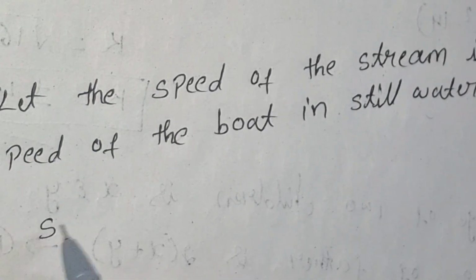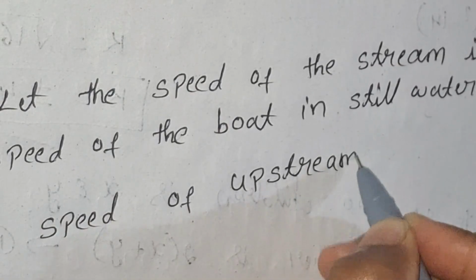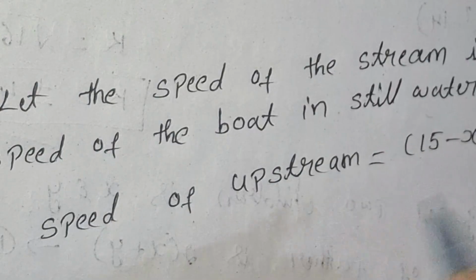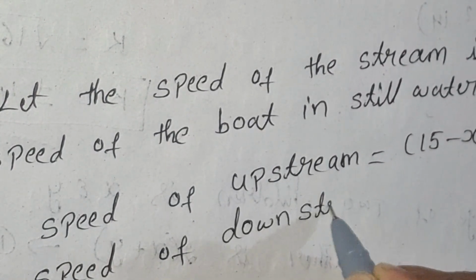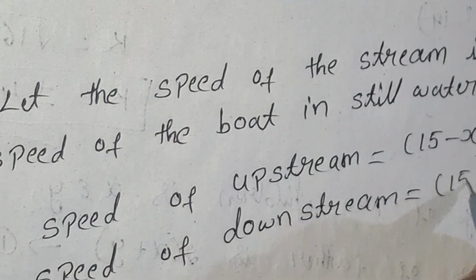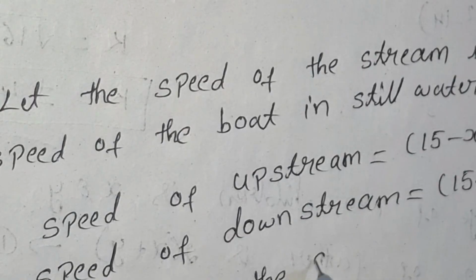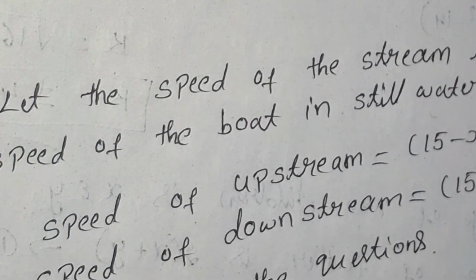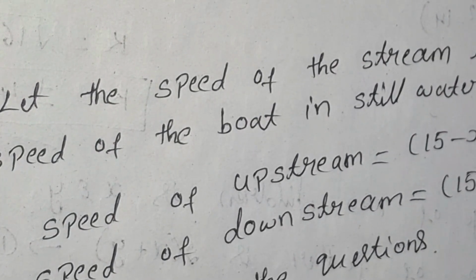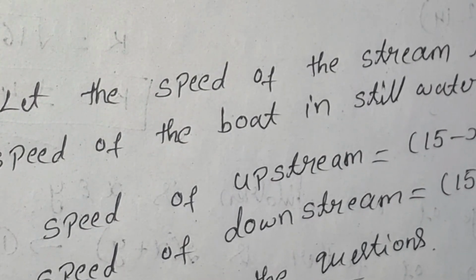Then the speed of upstream is always x minus y, so we have to write 15 minus x. The speed of downstream, the formula is x plus y, so we have to write 15 plus x. So according to the question, first we have to find the speed of the stream.